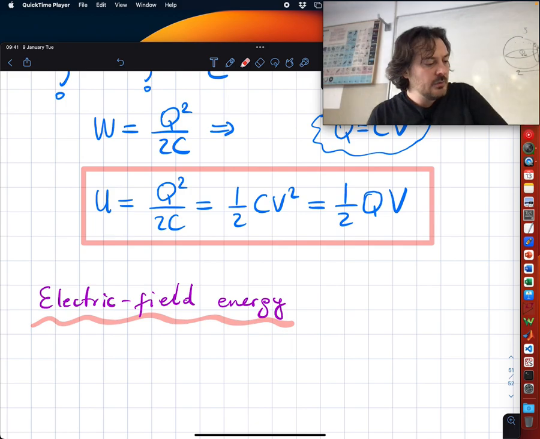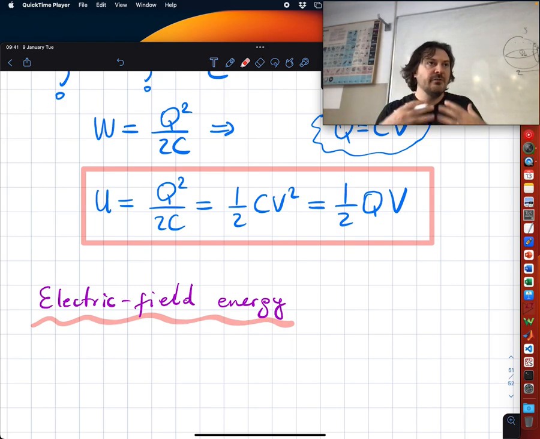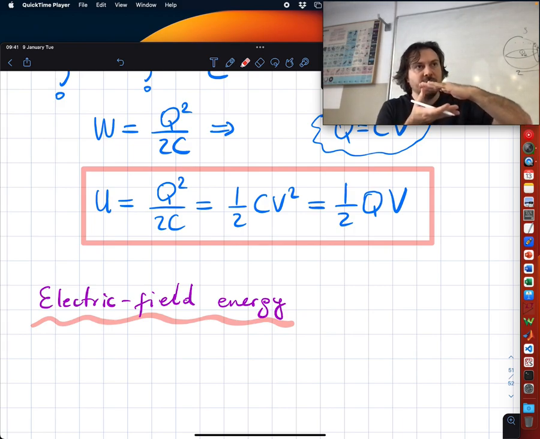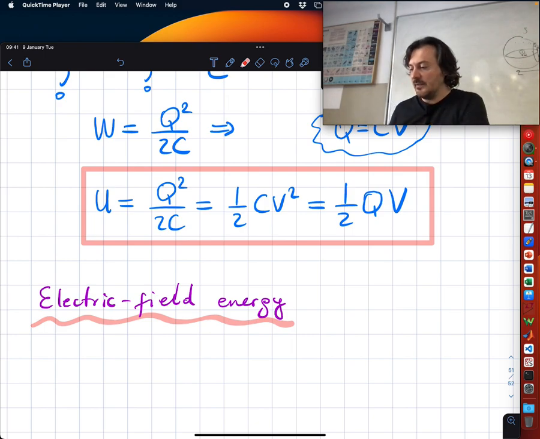So when we are charging a capacitor, we can actually rephrase it in a certain way. We can say that we are putting the energy into the electric field, because capacitors have electric field within them, and that electric field is holding energy. Okay, what we are going to find is the energy density.